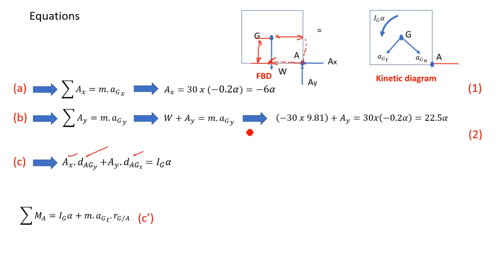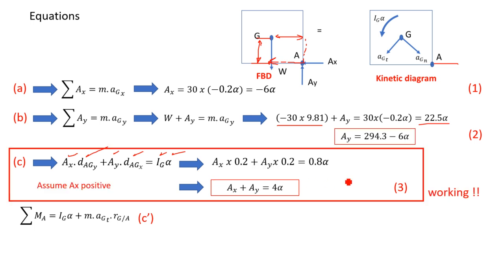The AX is equal to, you can get it from this equation. By rearranging that equation, the AY is going to be equal to 22.5 alpha plus the 30 multiplied by 9.81. Okay, so we can find the AY in terms of the alpha, and the RG has been calculated and the alpha is unknown. So I can put everything in this equation and solve for the value of the alpha.